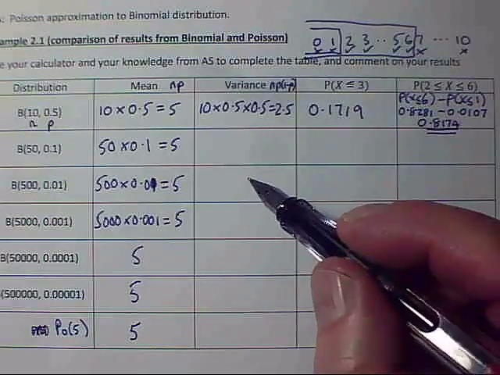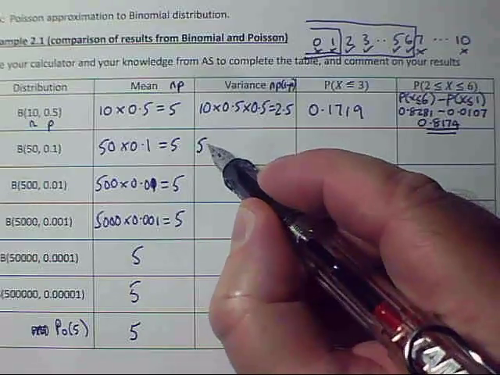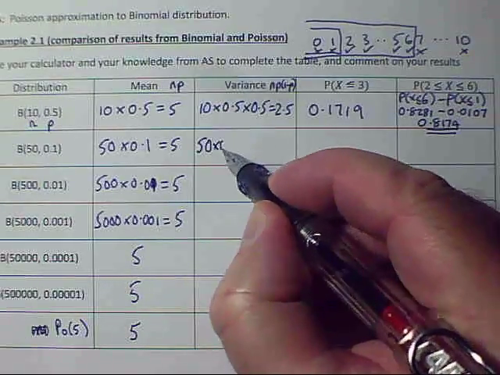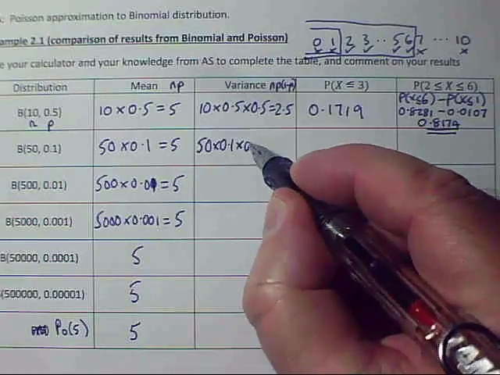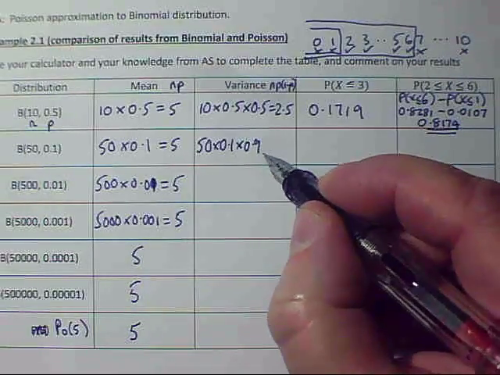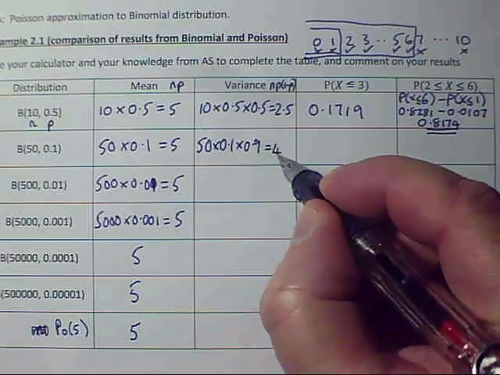Okay, moving on to the variances, the next row down, np(1 minus p) will be 50 times 0.1, again, but now my 1 minus p will be 0.9, so 50 times 0.1 times 0.9 is actually 4.5.